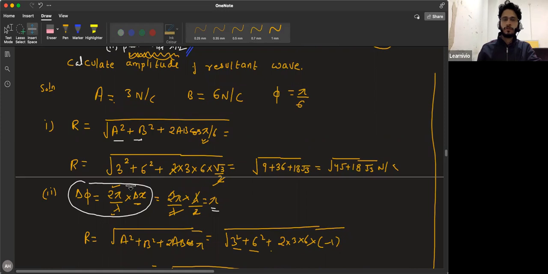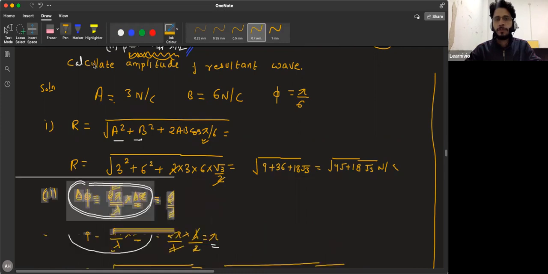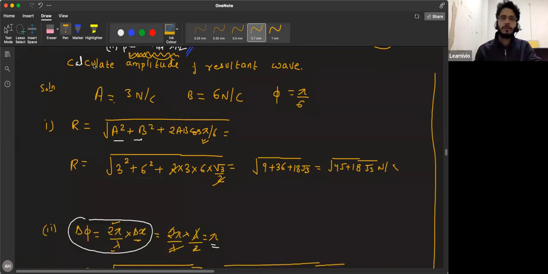In the first part, instead of calculating the resultant amplitude, what will you do if I ask you to calculate the resultant intensity? Sir, I is equal to K times amplitude square. So resultant intensity will be K times the square of amplitude.